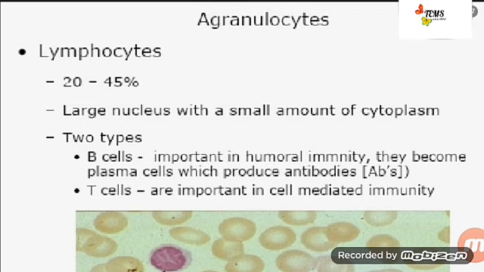Lymphocytes are of two types: B cells and T cells. B cells are important in humoral immunity. They become plasma cells which produce antibodies, and T cells are important in cell mediated immunity.